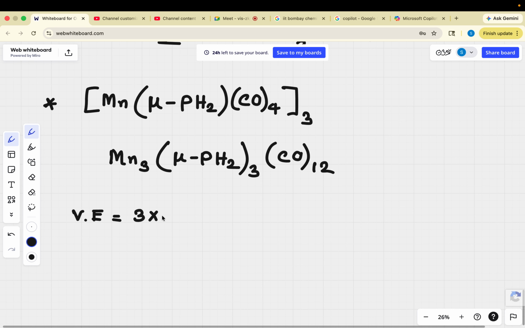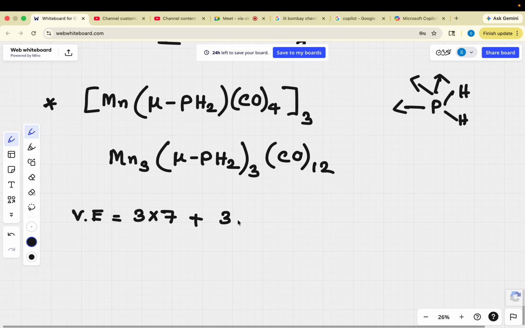So it will be 3 into 7 plus PH2. It is a bridging ligand, so again 3 electrons left. You have 3 manganese, so basically it will donate 1 electron to each manganese. Okay, 1, 2, 3. So it is donating 3 electrons.